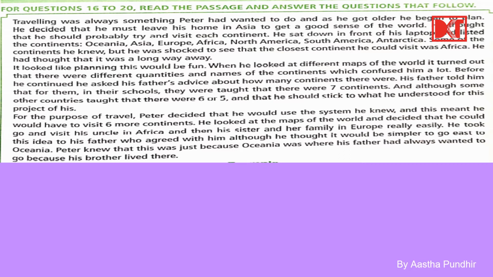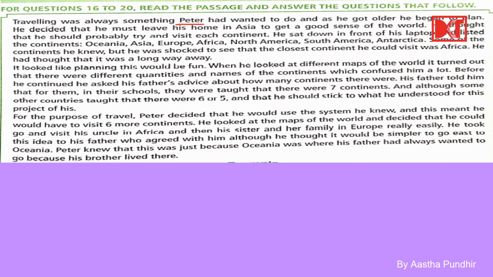Traveling was always something Peter had wanted to do, and as he got older, he began to plan. He decided that he must leave his home in Asia to get a good sense of the world. So now here we have a character Peter, जिसको traveling बहुत पसंद है.